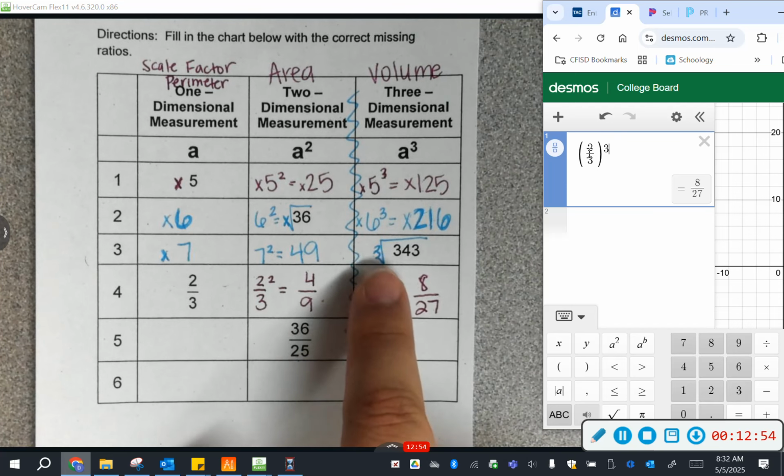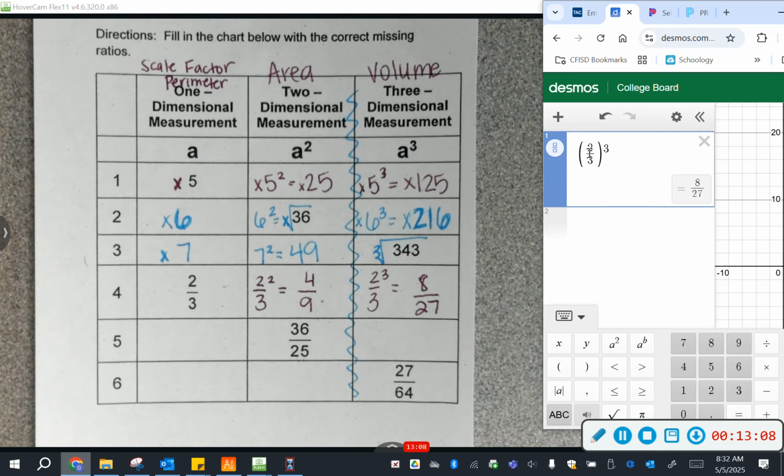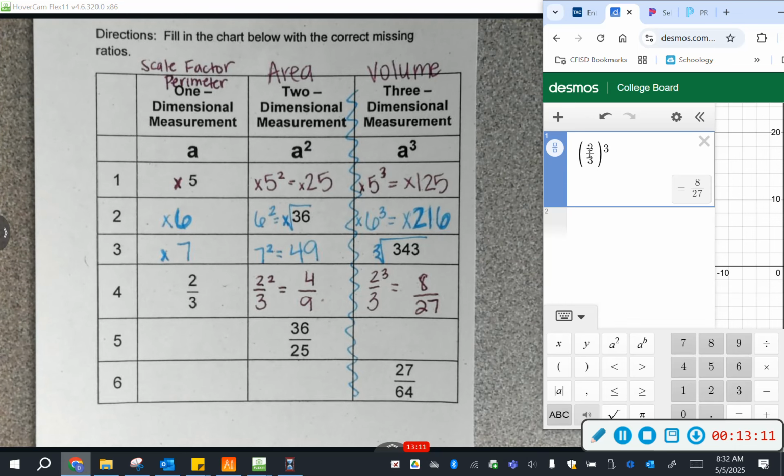I did the little 3 with a root sign. You get the point.